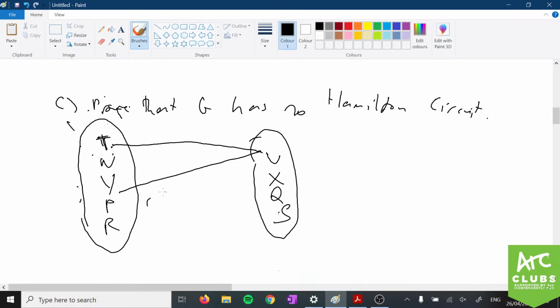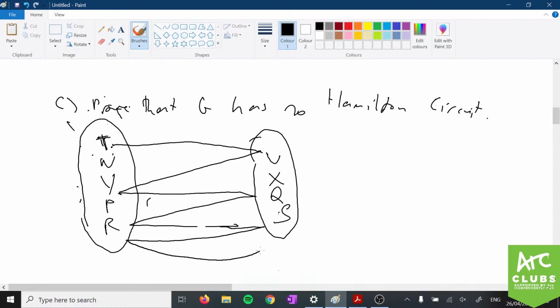And if we keep doing this, 1, 2, 3, 4, we're eventually going to run out of vertices in our second group. Here we traveled along 7 edges, and we end up covering every single vertex in our second group of 4 vertices. And we can move back again from here, back to this group.